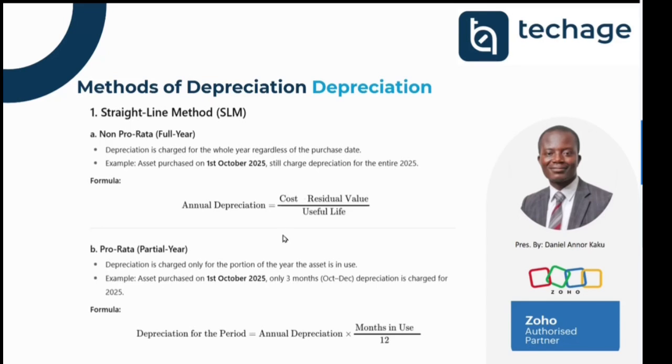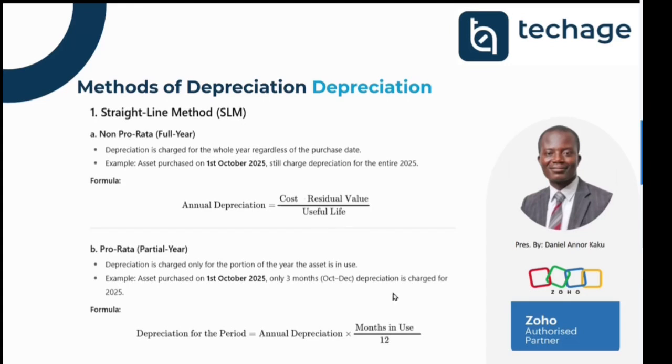Now, if it is pro rata, depreciation will be charged as per the formula above, but this time we will multiply the depreciation by the number of months in use over 12 months, since we have 12 months in a year. What you are doing is prorating the period for which the asset was used over the 12 months. That's the pro rata and the non-pro rata.